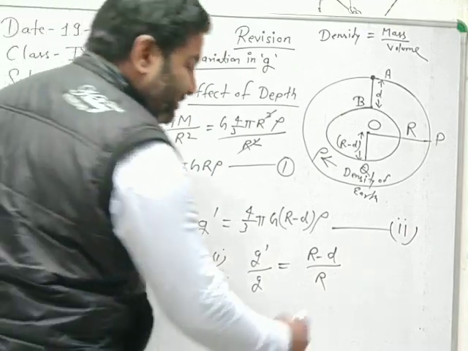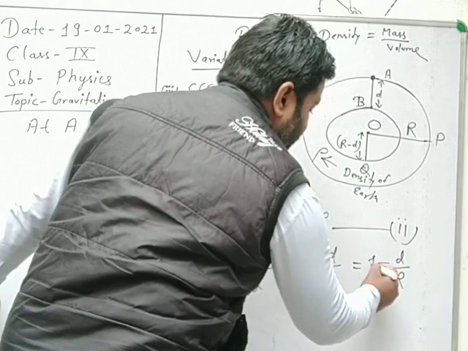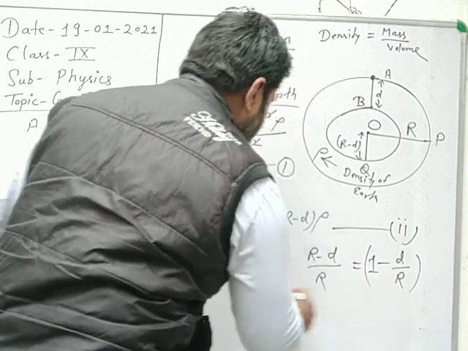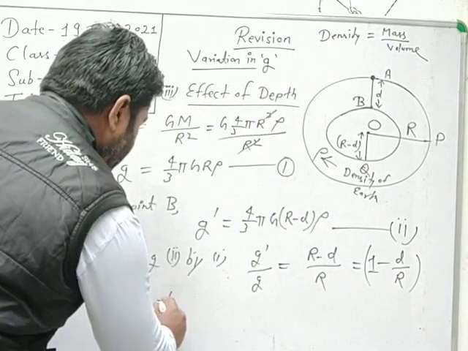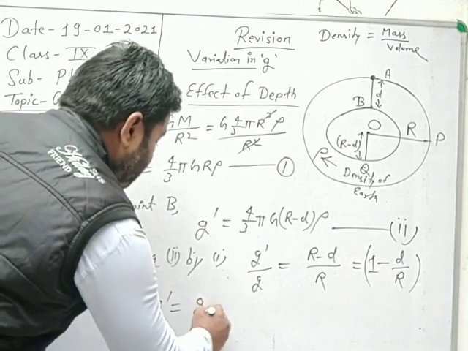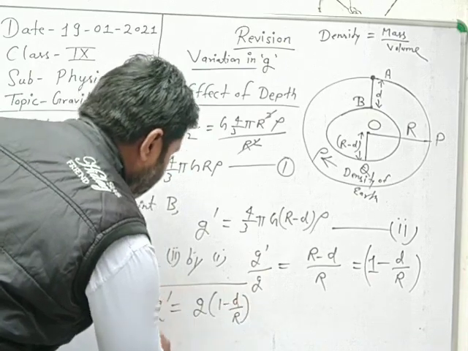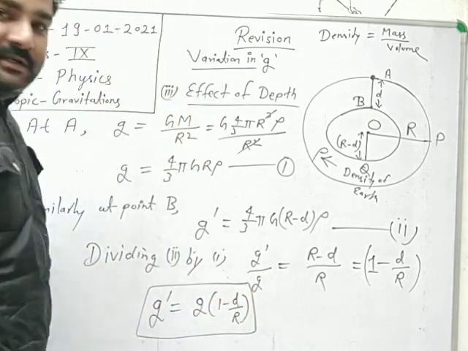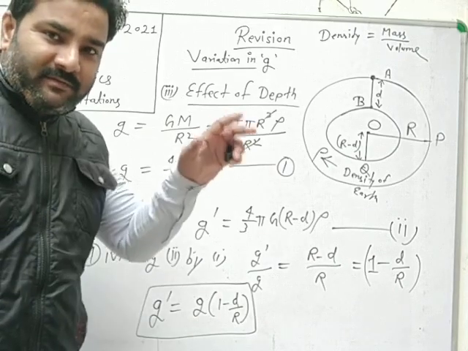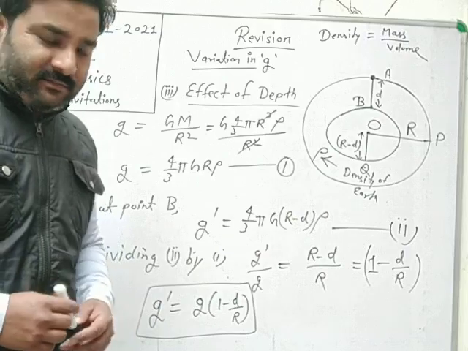So r minus d upon r is 1 minus d upon r. So g dash is equal to g times 1 minus d upon r. This is the formula for variation in acceleration due to gravity when we go down to depth d below the Earth's surface.